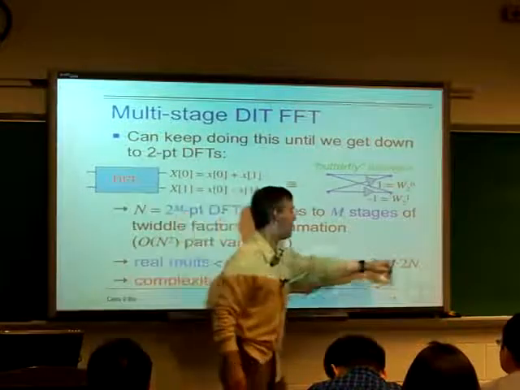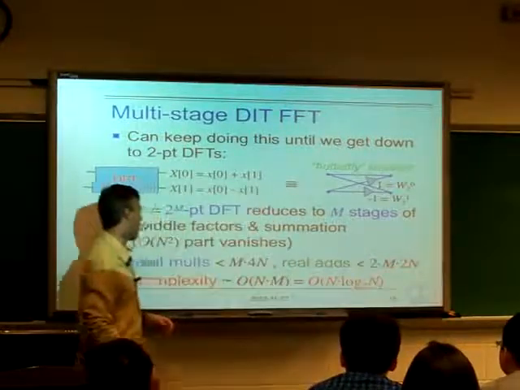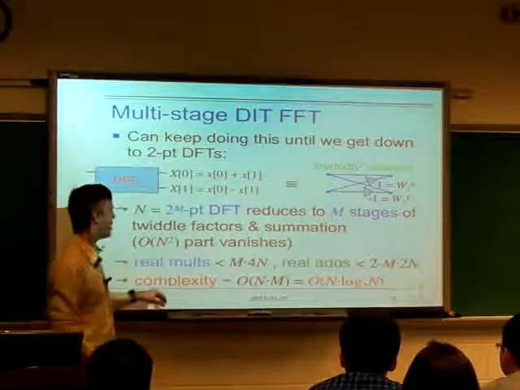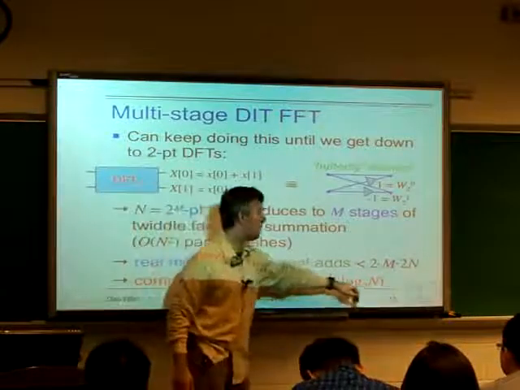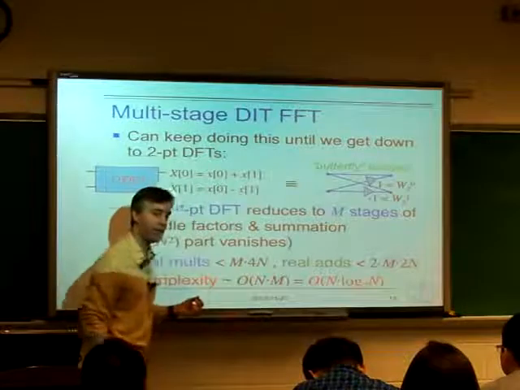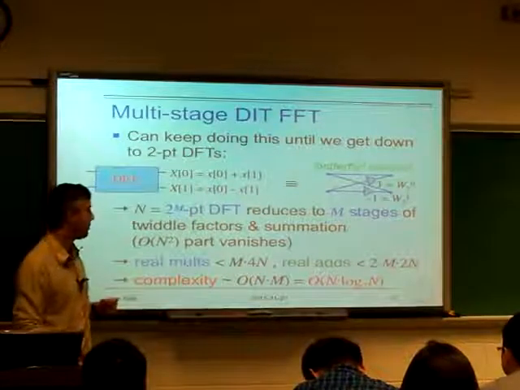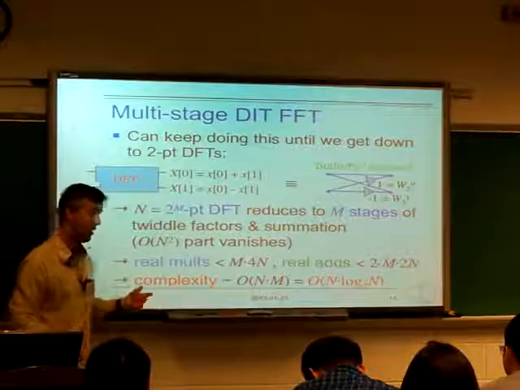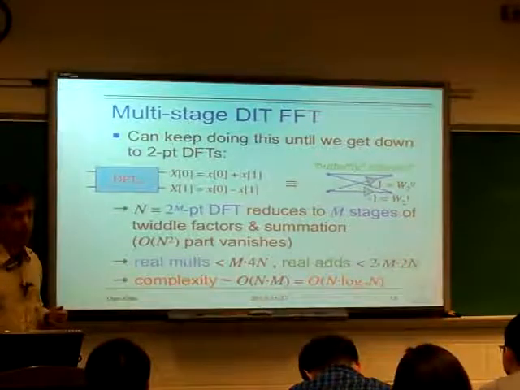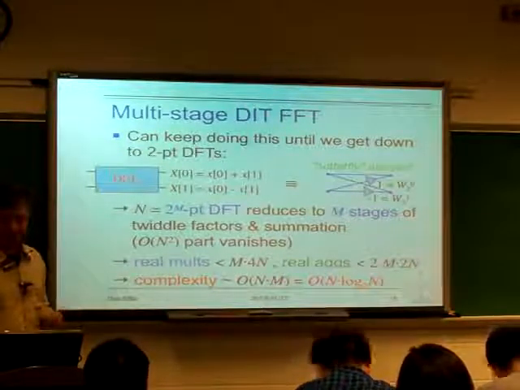The real adds, again, is proportional to m times n. And so the complexity is this order n log n, which we spoke about at the beginning, specifically n log 2 of n. And that's a big win compared to n squared, particularly for large n.